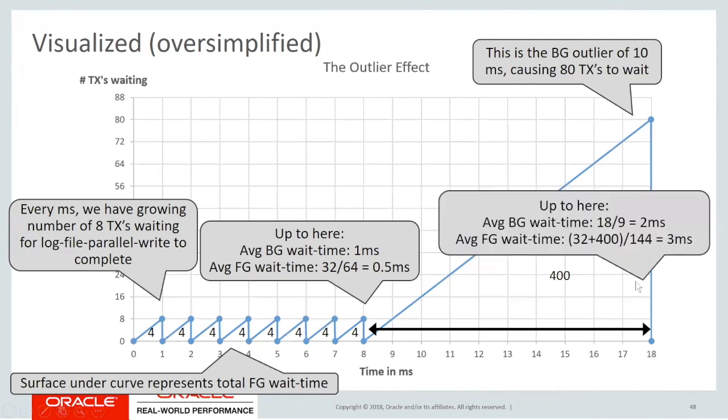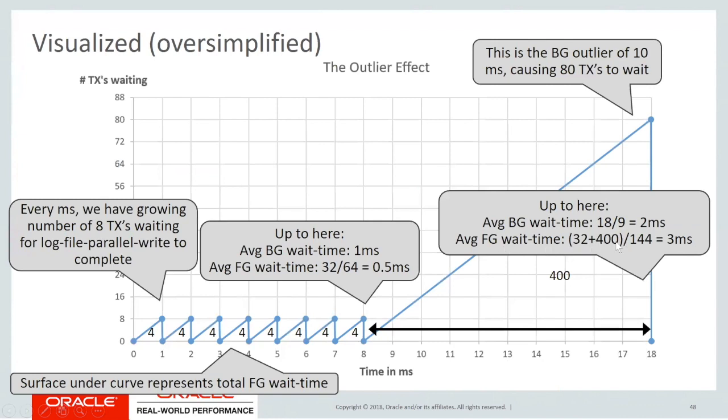Let's do that calculation when we're here. If we're here, my average background wait time is now 18 divided by 9, because I have 18 milliseconds of elapsed time and I've had 9 log file parallel writes. So my average background wait time has now gone up to 2 milliseconds. The average foreground wait time has gone up too.